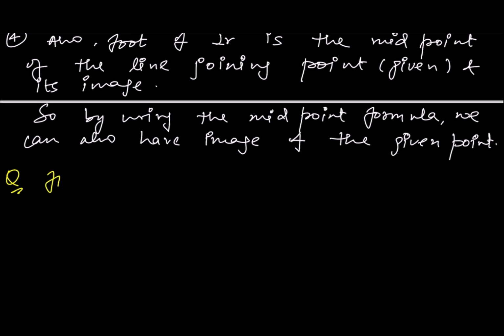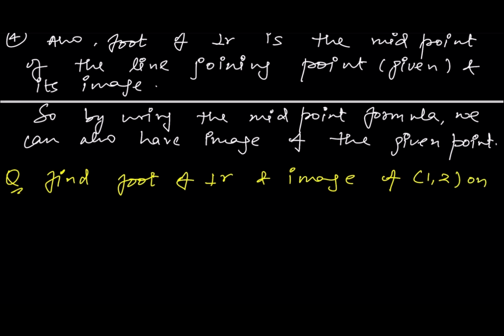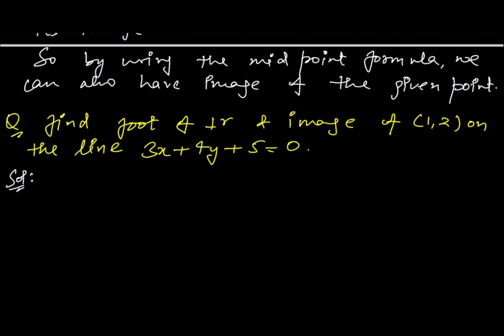The question is: find the foot of perpendicular and image of (1, 2) on the line 3x plus 4y plus 5 is equal to 0. Now let's say this is the equation of the line 3x plus 4y plus 5 is equal to 0.